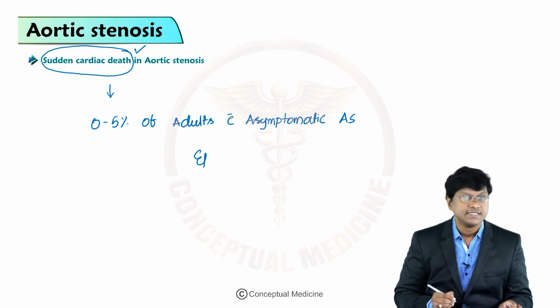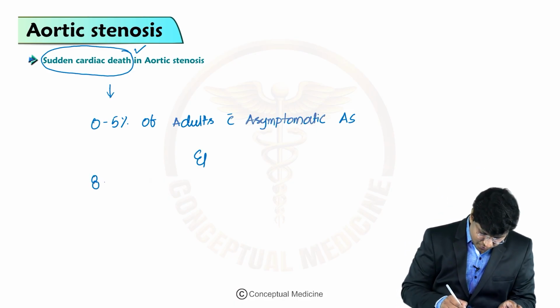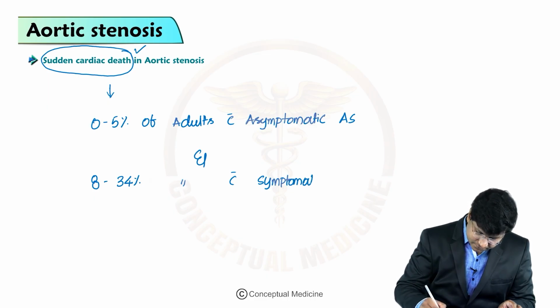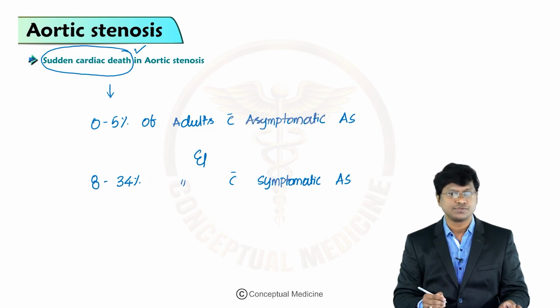And sudden cardiac death can also be seen in 8 to 34% of adults with symptomatic aortic stenosis, okay?